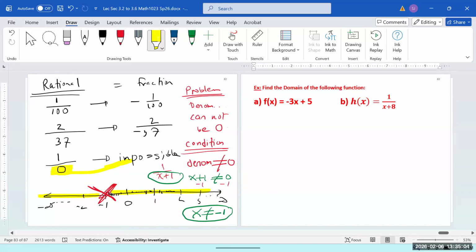The first one is saying f of x equals negative 3x plus 5, and f of x is the same as y. y equals negative 3x plus 5. What type of function is this?